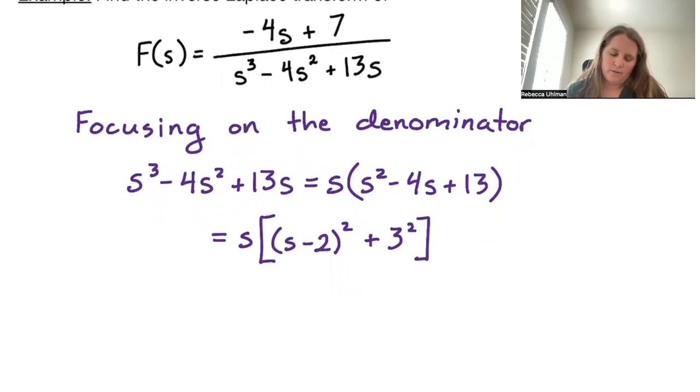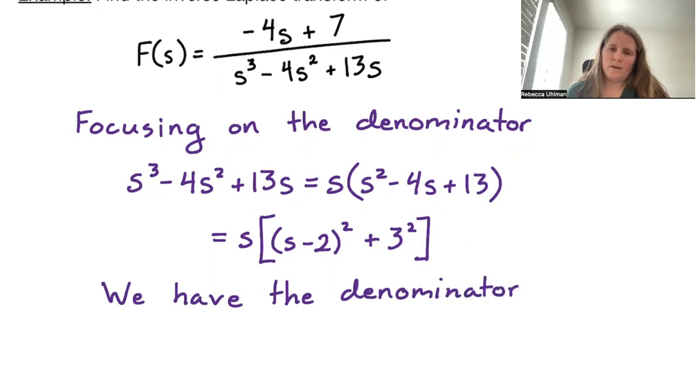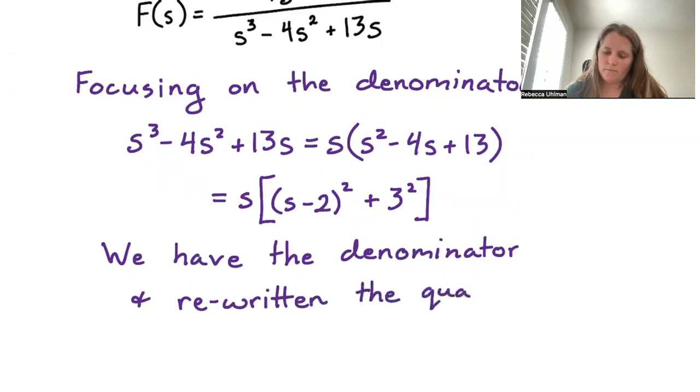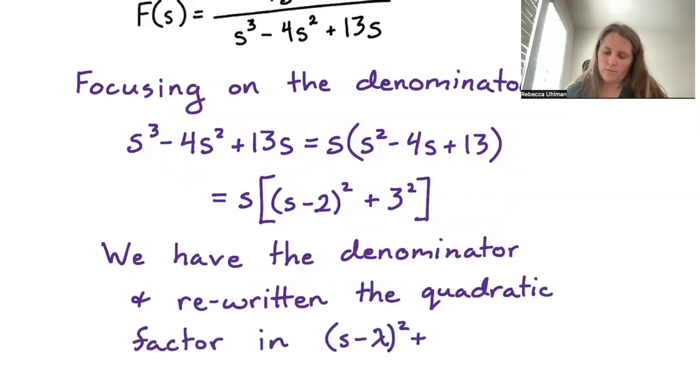So we have factored the denominator and rewritten the quadratic factor in s minus lambda squared plus omega squared form.